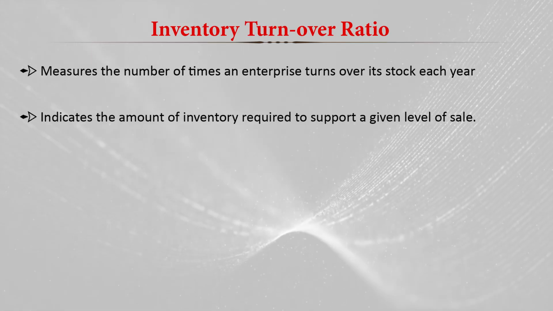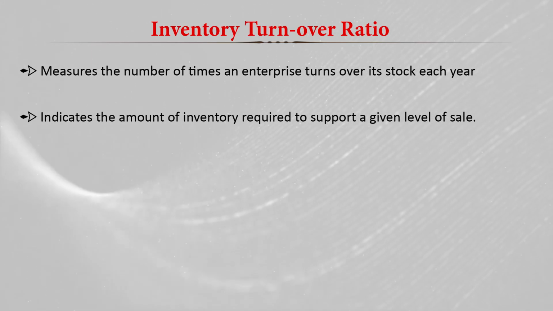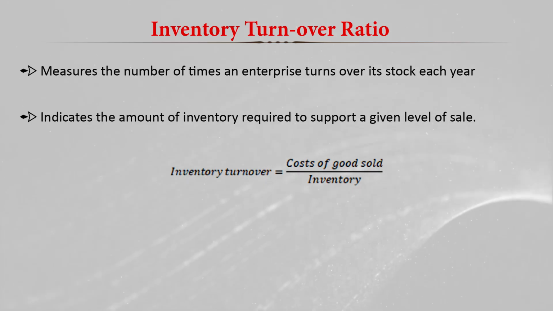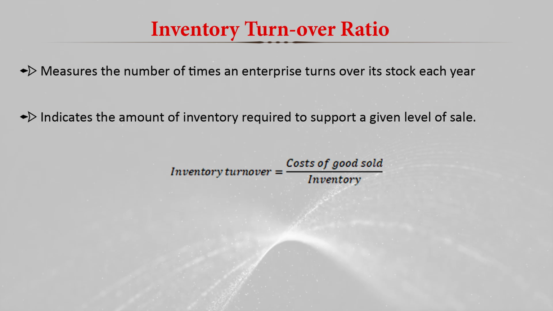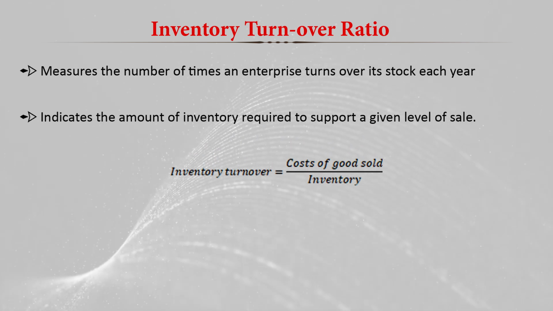So we have the formula for calculating the inventory turnover ratio. That is basically cost of goods sold divided by the inventory. So inventory is basically our production which is available in the firm or in the enterprise for the selling purpose.